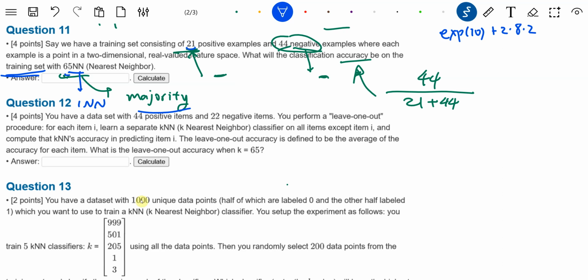So for example, for one of the positive examples, the nearest neighbor is just itself, so we'll predict positive. So all of them will be predicted correctly. Then we have 100% accuracy if we do 1NN on the training set. Of course we need some kind of assumption like all of them are unique and so on, but in general that's the case.